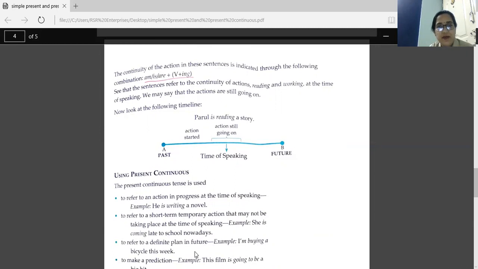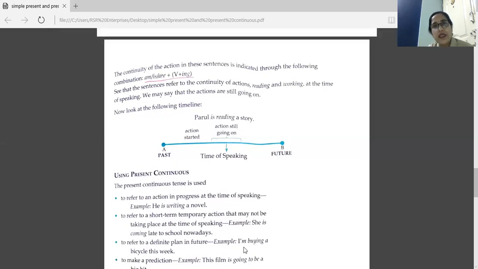In such a condition, you can use present continuous tense. See this next one. To refer to a definite plan in future. Some planning is there which is going to be done at some future time. There you can use present continuous tense. I am buying a bicycle this week. It will happen at some future time, but it's a definite plan. There you have to use am buying, that is present continuous tense.